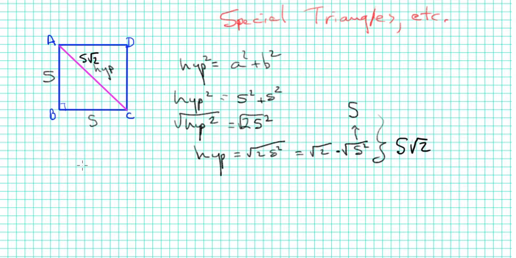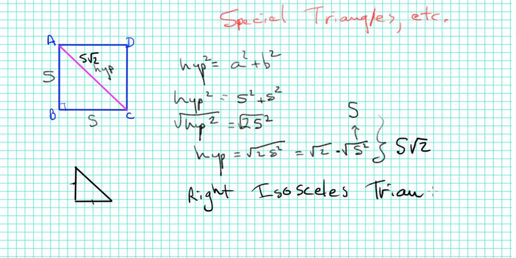And so now we have the general form for every single triangle, which is, well, wait a minute, what kind of triangle is this? We're talking about a right isosceles triangle. So every right isosceles triangle, it's a right triangle and it's isosceles.